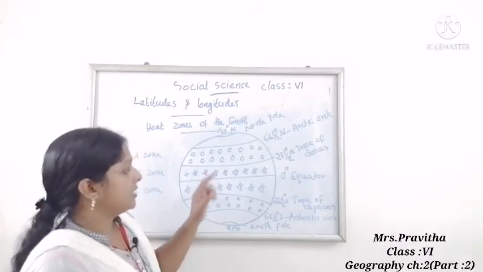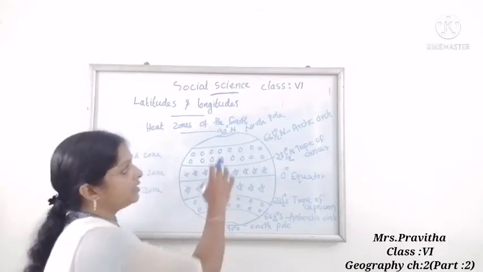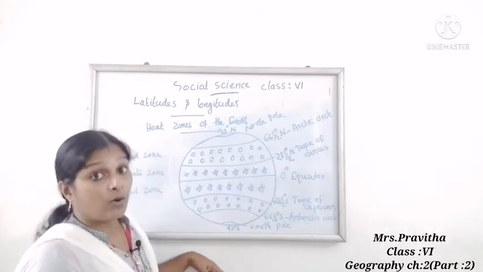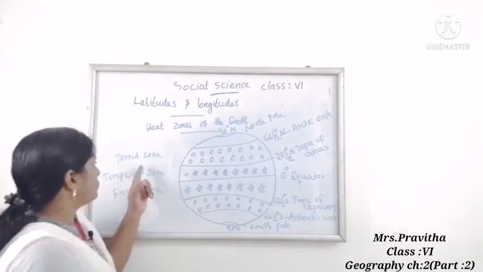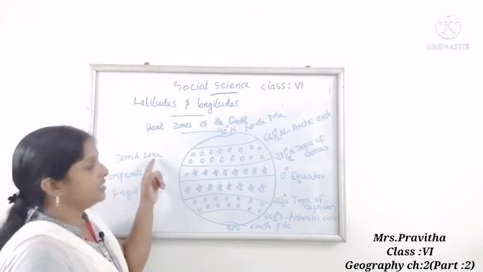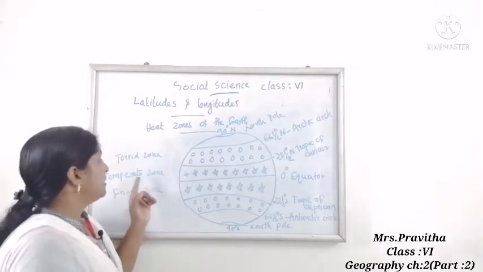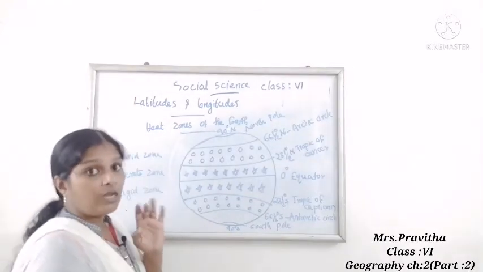This region gets moderate heat. In the torrid zone, ma'am told you, it gets more sunlight and more heat, but in the temperate zone it gets moderate heat.